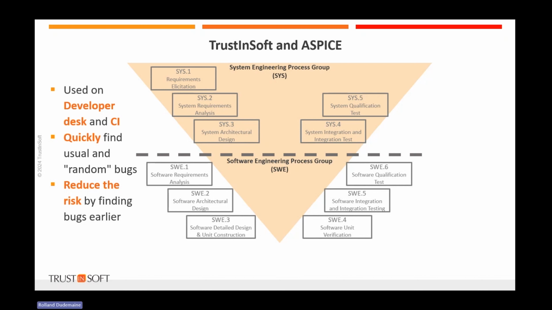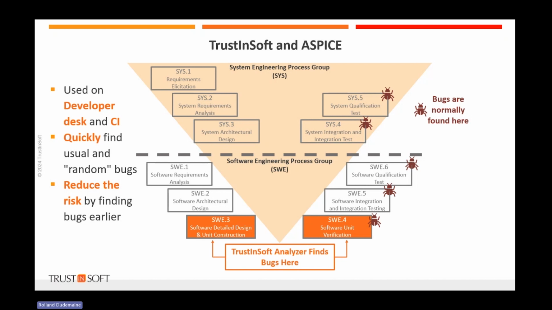When this happens, the typical way is that there are bugs found at every level. Of course, software unit verification, but then also later bugs. These later bugs cost incrementally more time and money to figure out when they are found late and up in the V's.